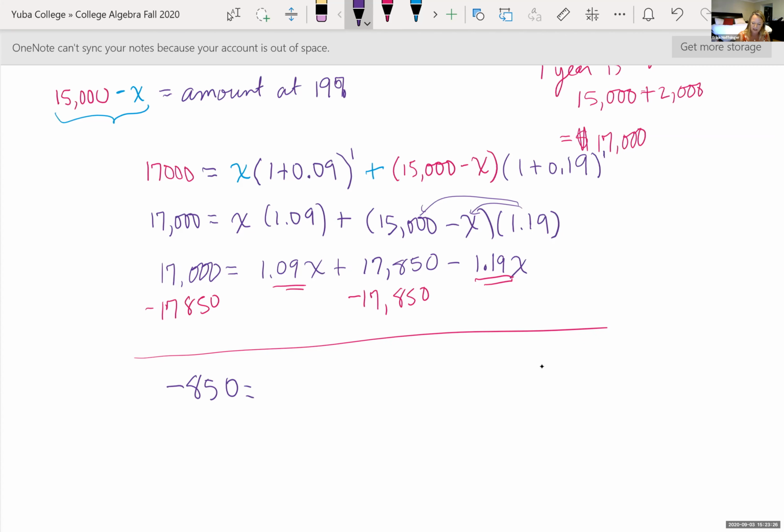Again, the larger one is negative, so this is negative 0.1x. Then divide both sides by negative 0.1. So 850 divided by 0.1 gives us 8,500.